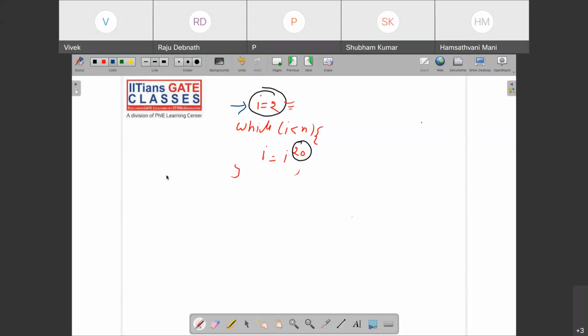If you are not able to get it, you can simply write, okay, sir, explain it. I can explain. Okay, Shubham and Devesh have written log log n.